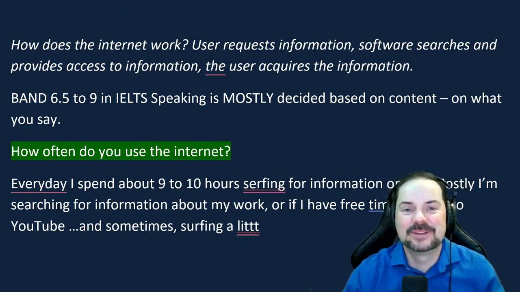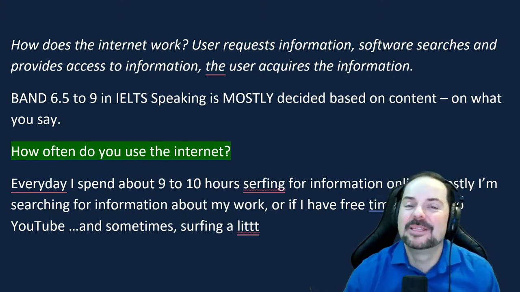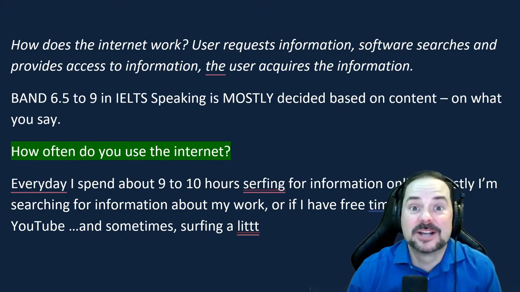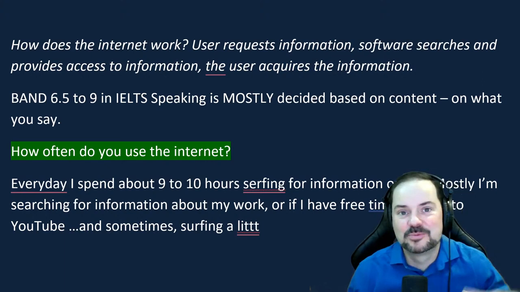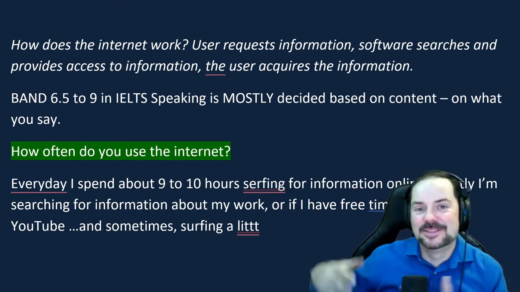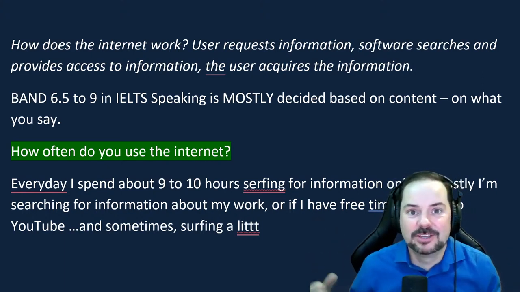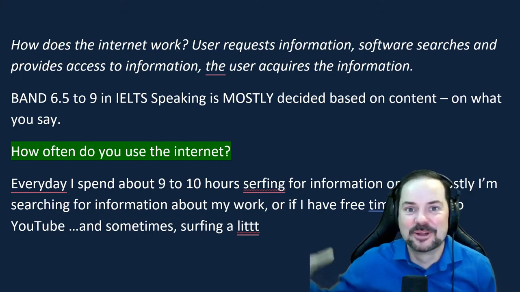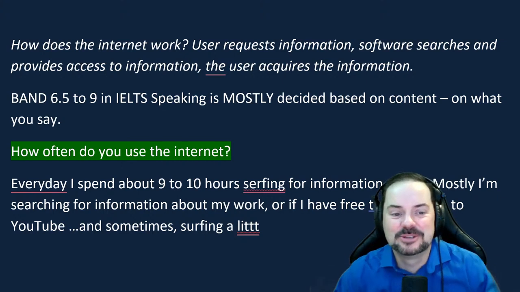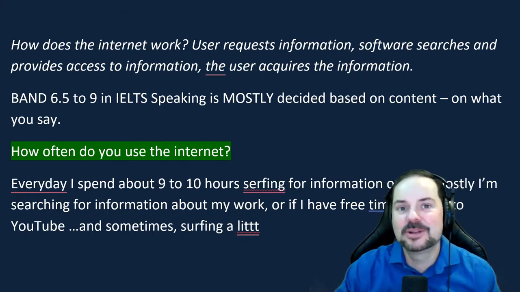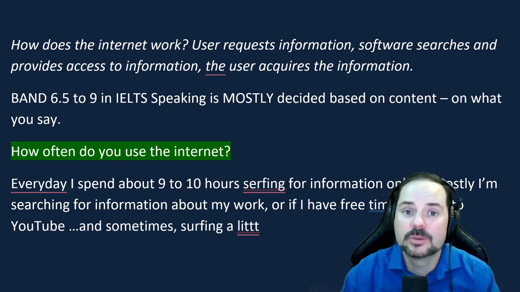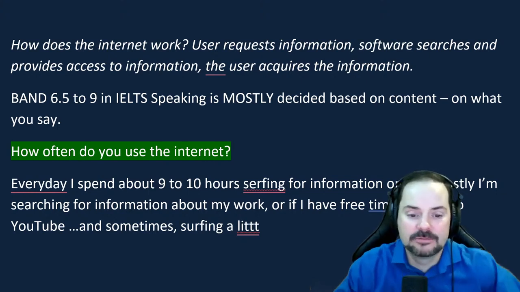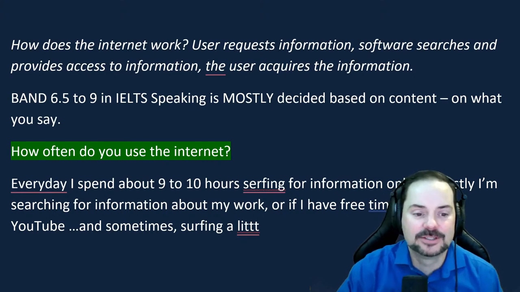When our heart is racing a mile a minute, some people freeze up, like they say, yes, I use the internet, and then they stop talking, and that's not good. The other way is when people say, yes, I use the internet 9 to 10 hours a day, I use it for movies, I use it, and then they keep going and going, and we've got to interrupt you. So you want to be calm, but practicing this way, what you're doing right now, is a perfect way to become more confident and relaxed.